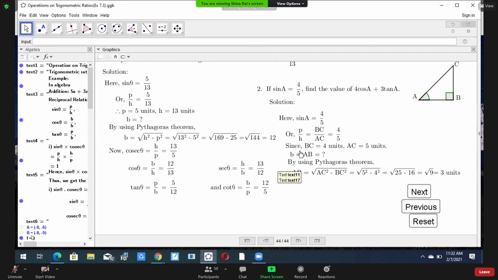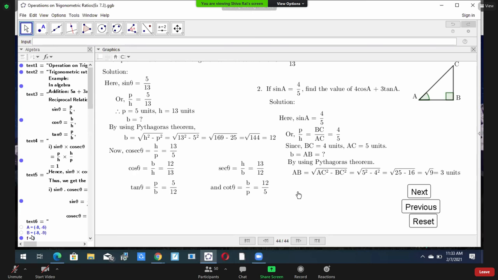So here also, since BC equal to 4 units, now AB is left to find. We are getting BC is 4 units. Perpendicular is 4 units. AC is hypotenuse, so hypotenuse is 5 units. Now AB equal to how much? B is base, which is equal to AB. We have to find it by using Pythagoras theorem.